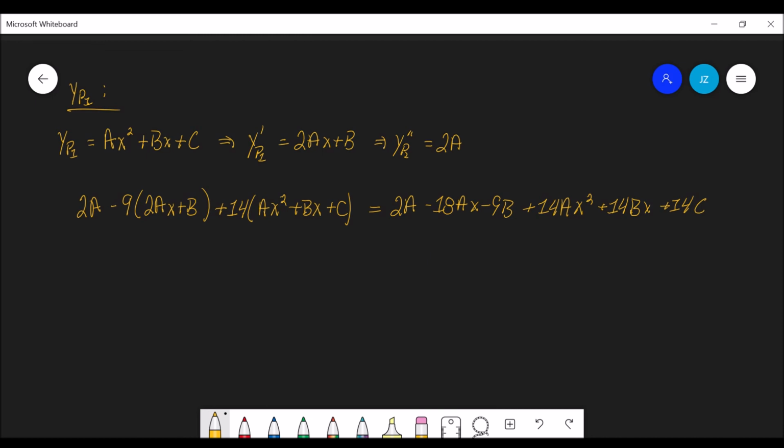What I'm going to do now is group all of my terms together. So I'm going to group all of my x squareds together, all of my x's together, and then all of the constants together. So we're going to have our coefficient of x squared is 14a. Our coefficient of x is negative 18a plus 14b. And then our constant will be 2a minus 9b plus 14c. And this has to equal 3x squared.